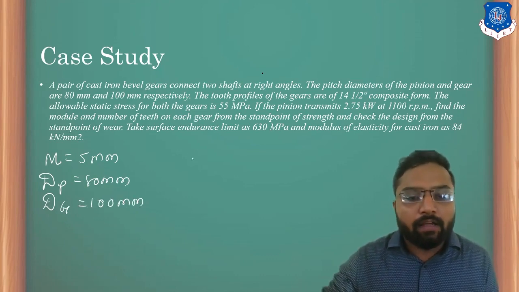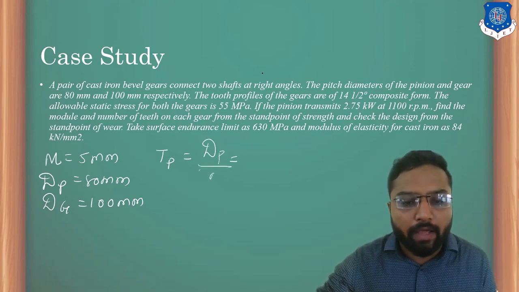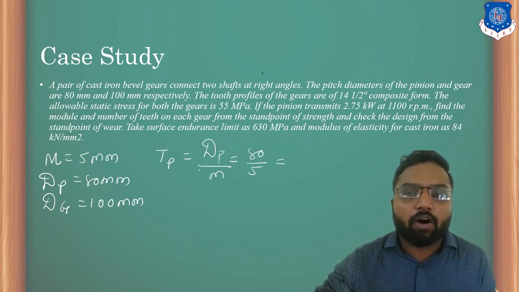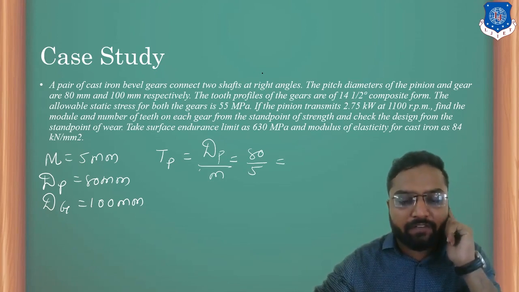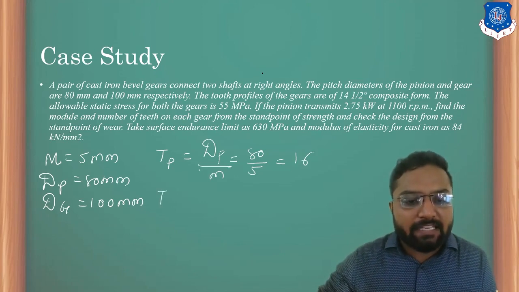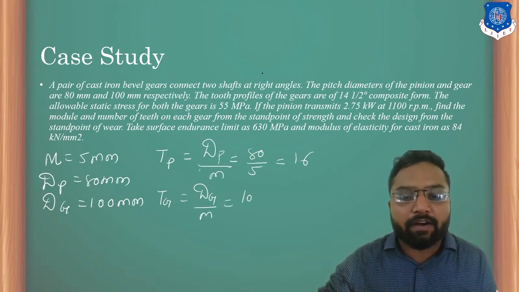So the number of teeth for the pinion is dp divided by module m, which is 80 by 5, which is 16, and for the gear, tg is equal to dg by module, which is 100 by 5, which is 20.